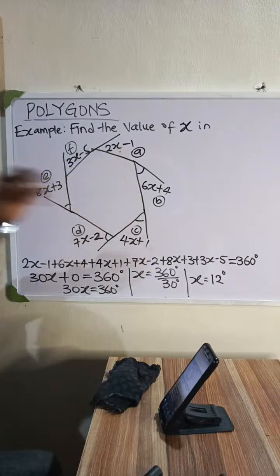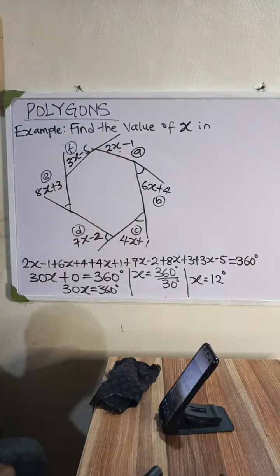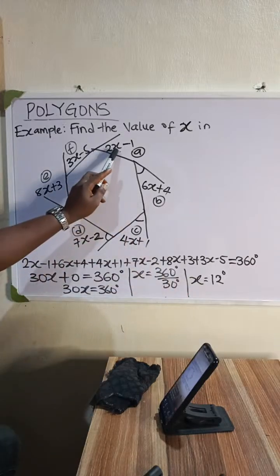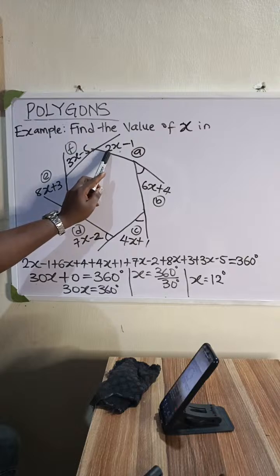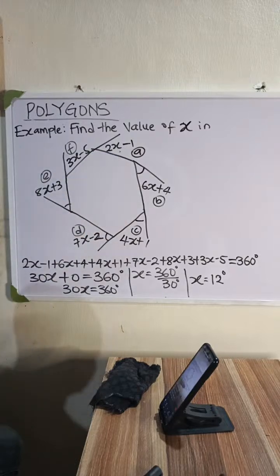What will this angle be? 23 degrees, correct. Whatever we have as x, 2 times x gives us 2 times 12, which is 24. 24 minus 1 is 23. So that angle there is 23 degrees.